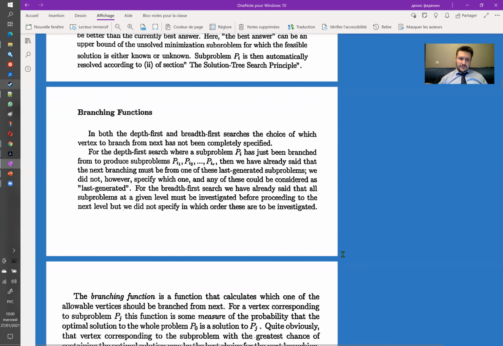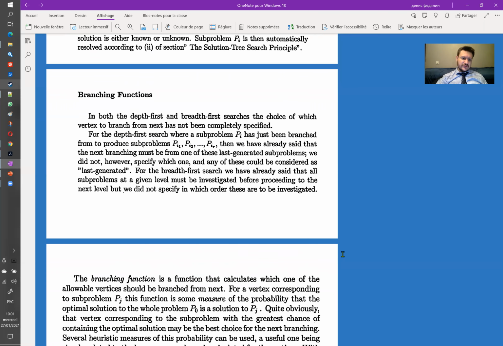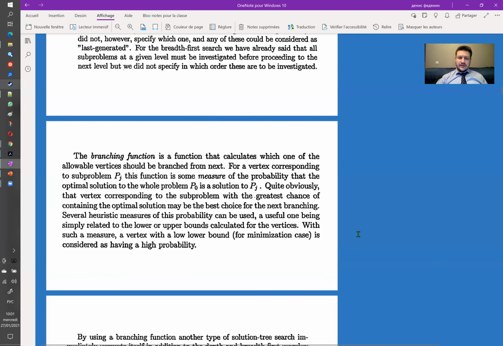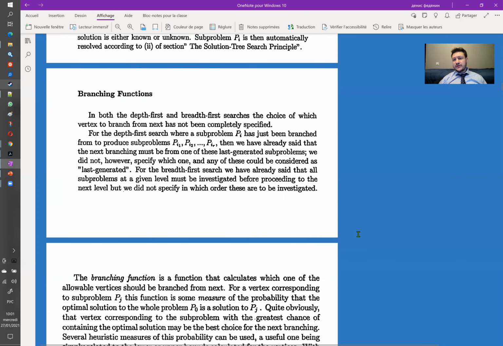So we have branching functions here. The idea of a branching function is that we are trying to assign to every problem the probability that it is the best one. So, for example, we think that if we have very long edges, then the probability that it's optimal is very small.